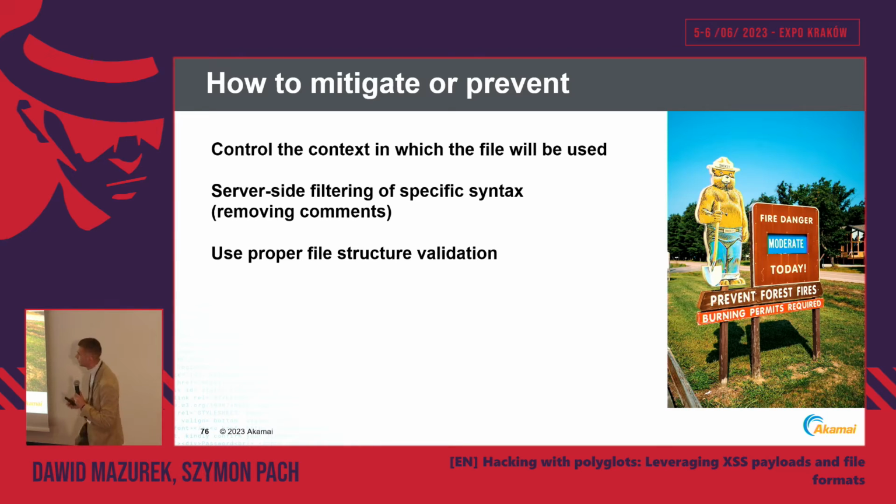Which applies to the third point, use proper file structure validation. This point also applies to checking the code, and I know that's very hard. However, here we should focus on a different perspective: the file structure. Not what code is inside, but how our file looks.